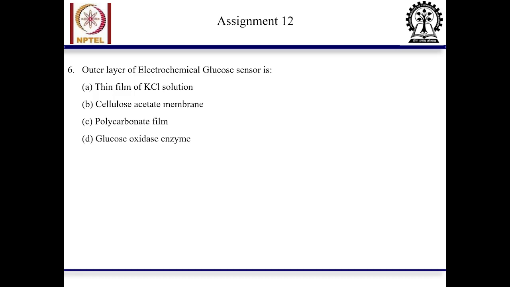B. Cellulose acetate membrane. Okay. Thin film of cells.